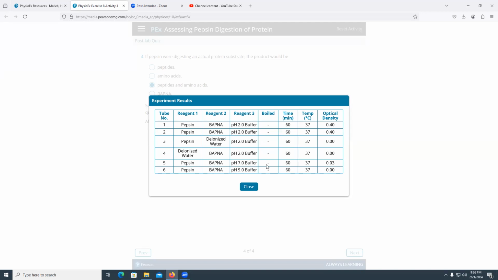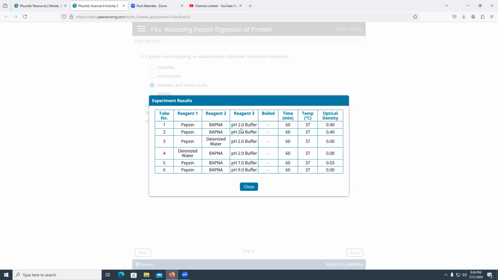So it's very interesting to show you that, for example, pepsin works better at an optimal pH of 2. If you increase the pH, the farther away you go from 2, the less it's going to work. So now you can hypothesize, if you run this experiment again with a pH of 3, 4, 5, 6, 7, 8, 9, 10, as you go upward in pH, pepsin will do better at pH 2.